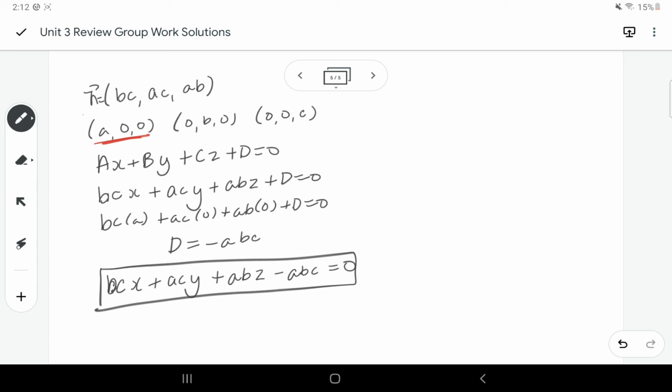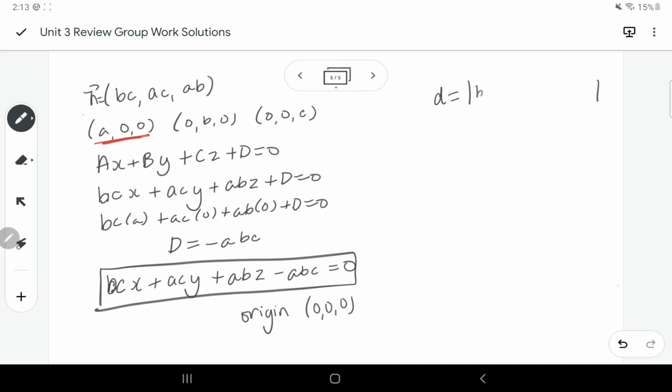From there, I want to find the distance from the origin to the plane here. So remember, my distance is the absolute value of the point plugged into the equation.